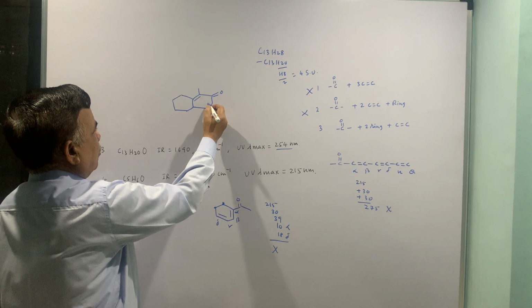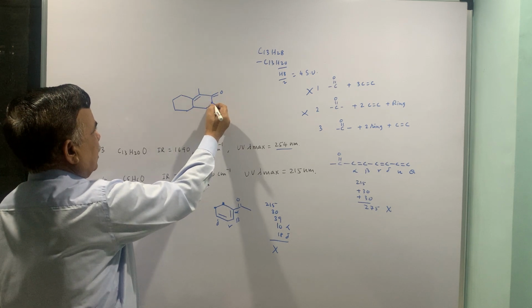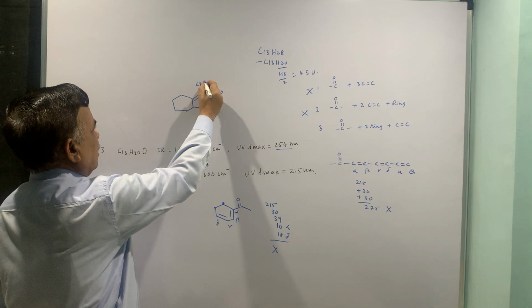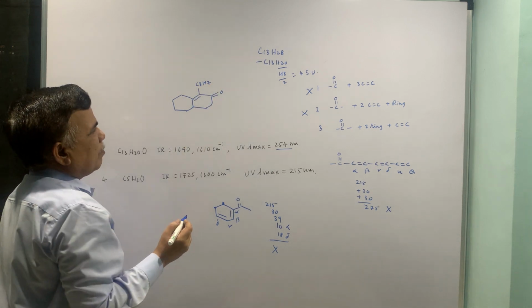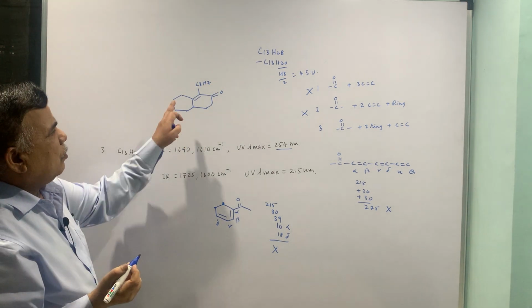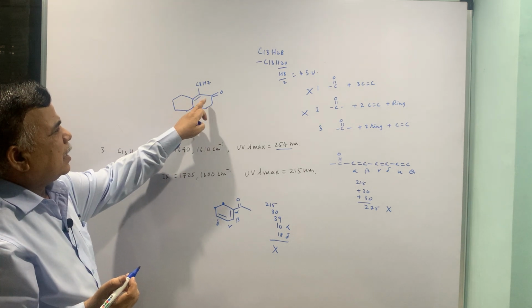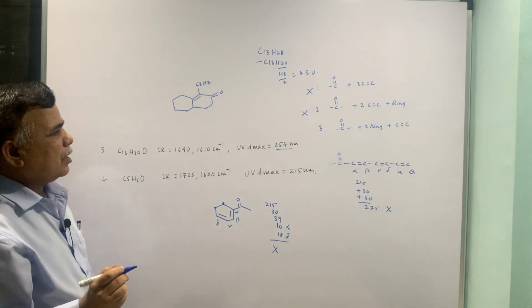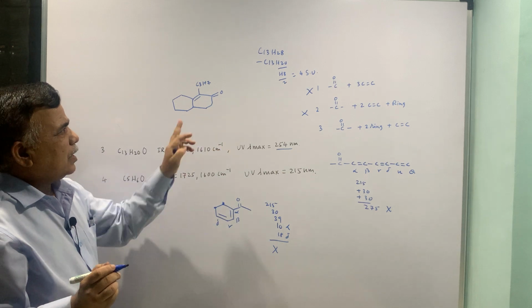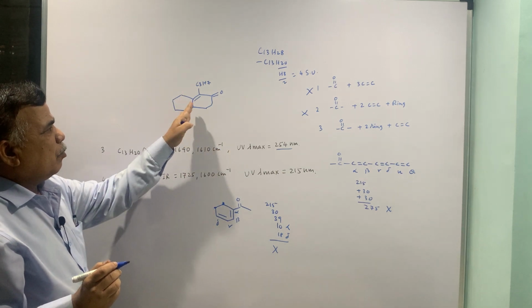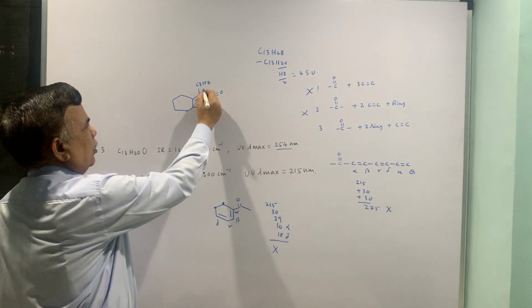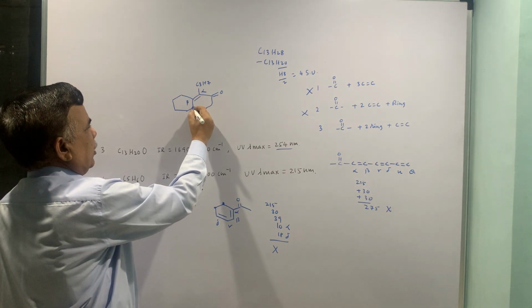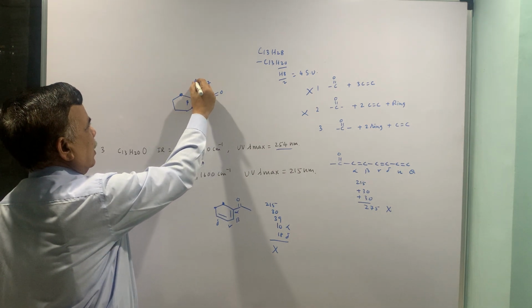So 6, 7, 8, 9, 10, and then remaining I am putting it here. So one site, second site, third site, 4 sites. 4 sites of unsaturation, that is carbonyl, 2 rings and a double bond. And now if you put alpha, beta, there are 2 beta, 1 alpha.